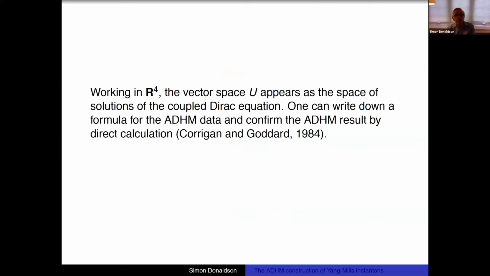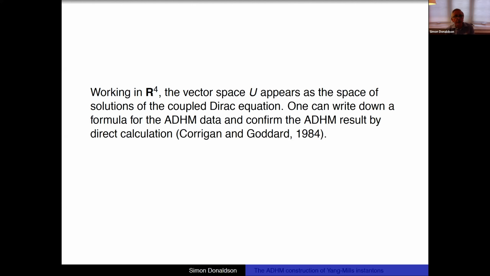Working in R4, the vector space U that we said, in the complex geometry description, appears as an H2, also as an H1. But in R4, it appears as the space of solutions of the coupled Dirac equation. And one can directly write down a formula for all the ADHM data.